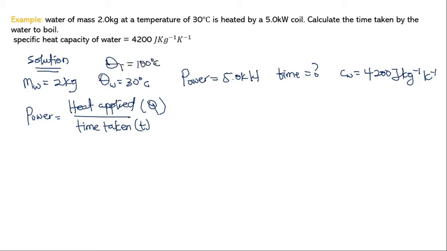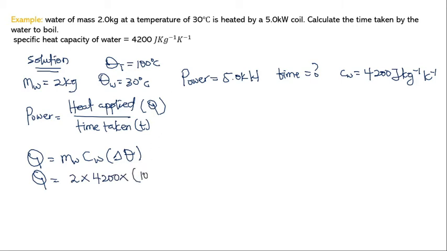Okay, so we need to find the heat involved in this process. So the heat will be the mass of water multiplied by the specific heat capacity of water multiplied by the change in temperature of the water. So our heat is now 2 kilograms multiplied by 4,200, that is the specific heat capacity of water, multiplied by the change in temperature, which over here will be 100, because the question is saying calculate the time taken for the water to boil, and we know water boils at 100 degrees Celsius.